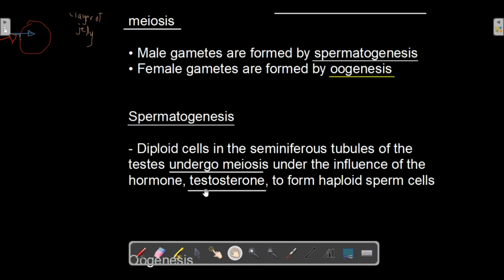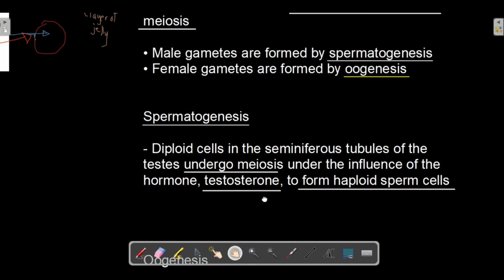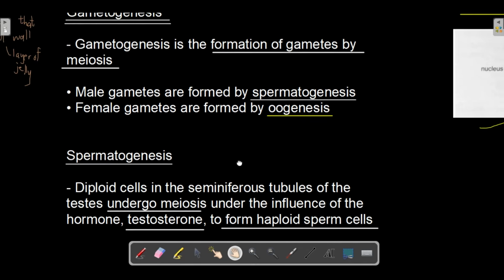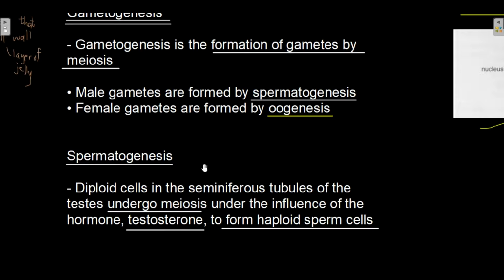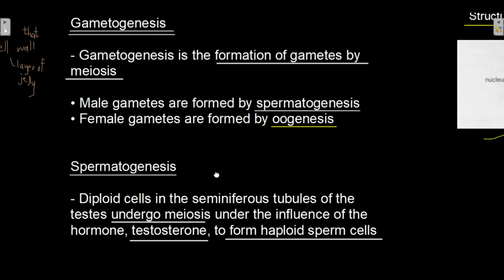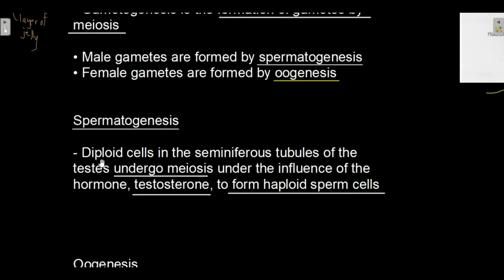Testosterone plays a huge role in the production of sperm cells. They undergo meiosis under the influence of testosterone to form haploid sperm cells, and that is how we produce sperm cells. This is a simpler version of the description of spermatogenesis. I will look for a much more detailed version of spermatogenesis in the next videos.